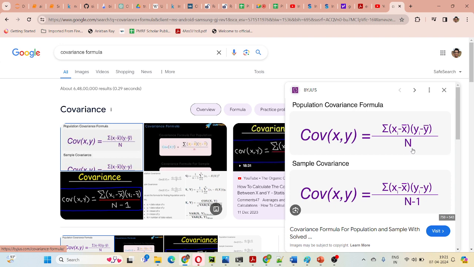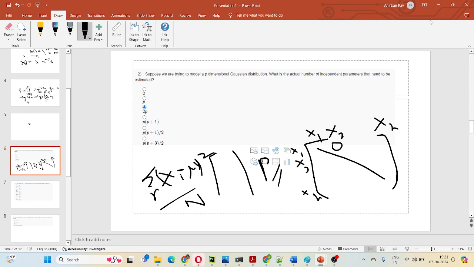So this is the formula, and with each pair you calculate like this. For each of the entries x1, x2, up to xn, you calculate the covariances, and then you form this covariance matrix.